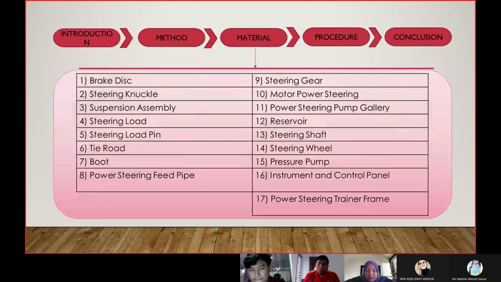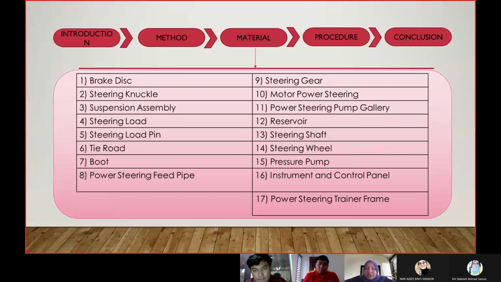So for this experiment, the components or materials that we use to conduct the experiment are brake disc, steering knuckle, suspension assembly, steering load pin, tie rod, boot, power steering feed and pipe, steering gear, motor power steering pump gallery, reservoir, which is the liquid and the synthetic liquid that we have mentioned earlier.